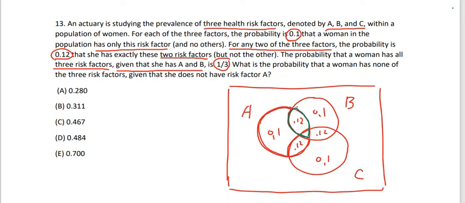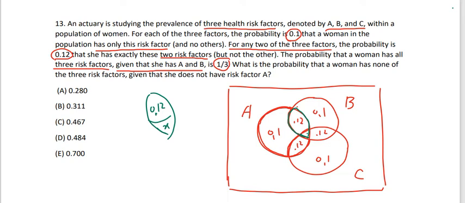So this part is one of three of all. Here's 0.12, and suppose this part is X, but this X counts as one of three of the total, right?